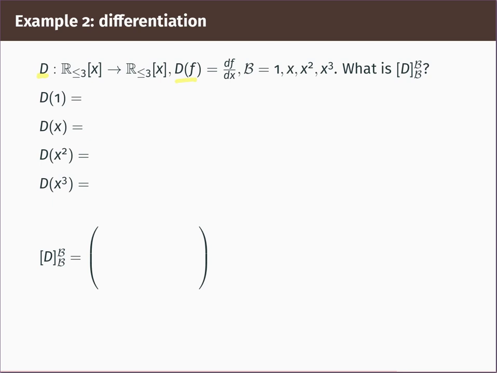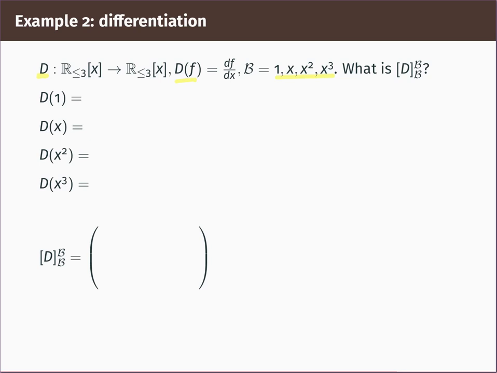So what we're looking for is the matrix of D with respect to the basis B. In other words, the matrix of D with respect to initial basis B and final basis B. And in order to do that, I have to work out D applied to each of these basis elements in turn, and those will tell me what the columns of the matrix are. So let's do them.